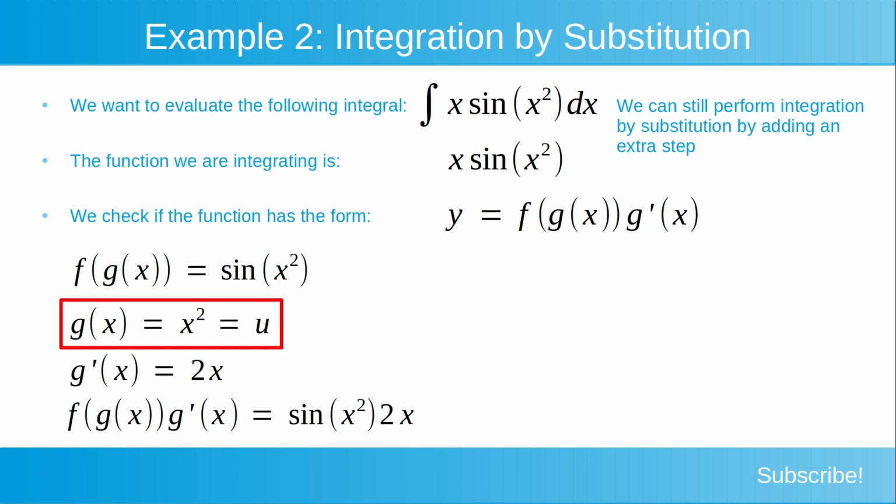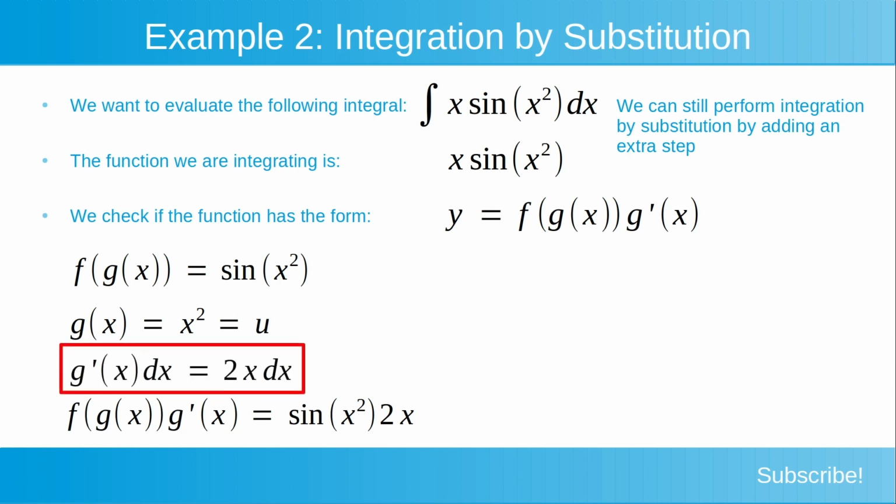And we still equate du to be equal to g prime x dx. Now, if we look at our g prime x equation, if we make the same change to both sides of the equal sign here, we get that g prime x dx is equal to 2x dx. And we set this to be equal to du.